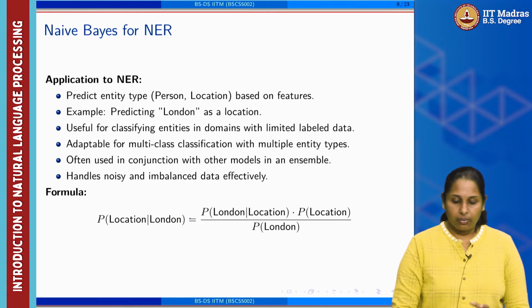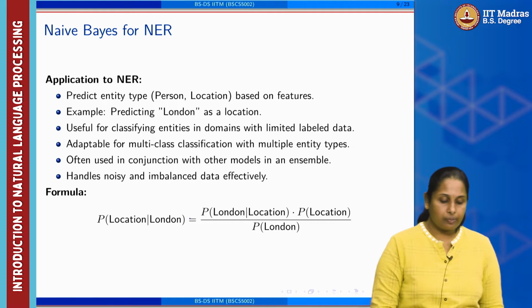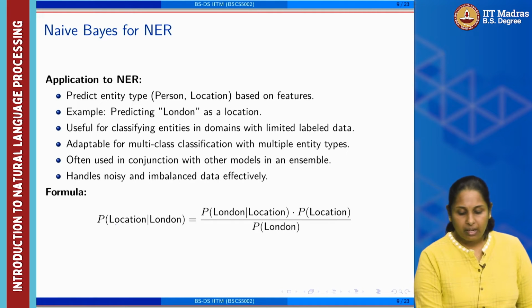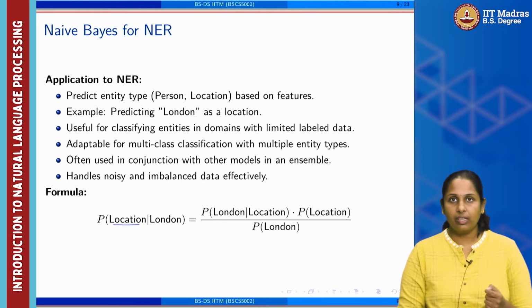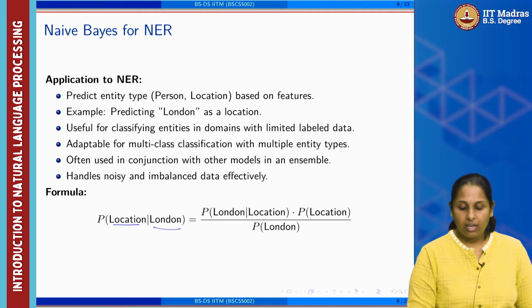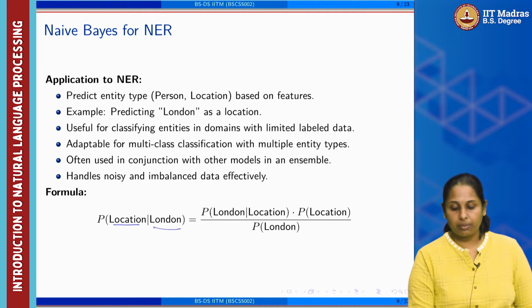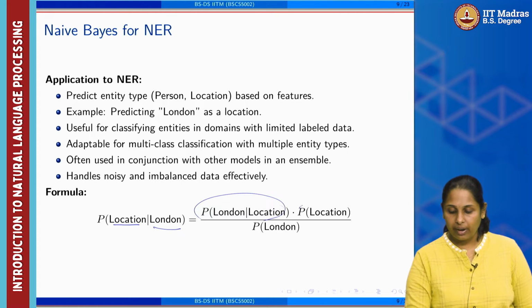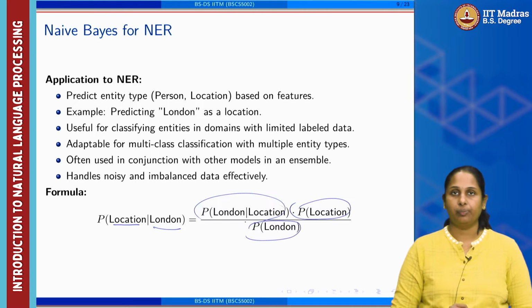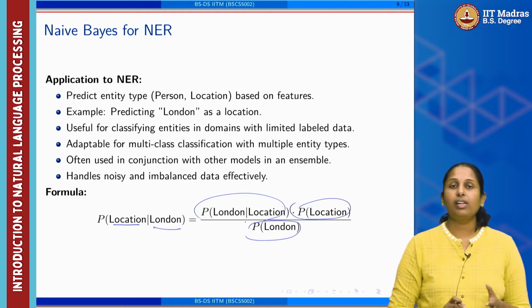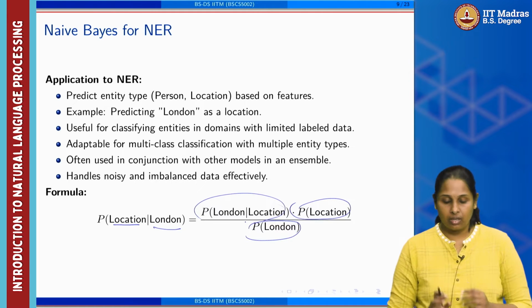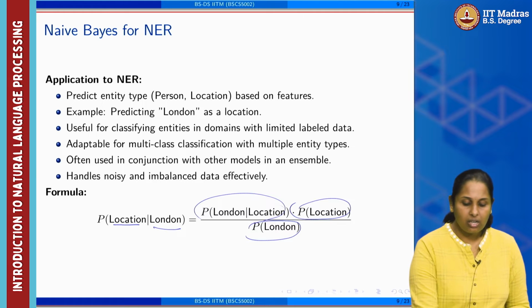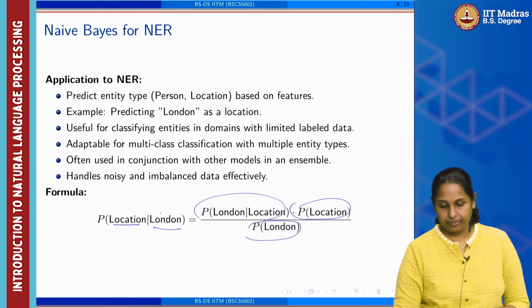Now, the probability of location with the word London is calculated by finding the likelihood probability, the location probability, and the London probability. So, it will give us the probability of the location given the word London.